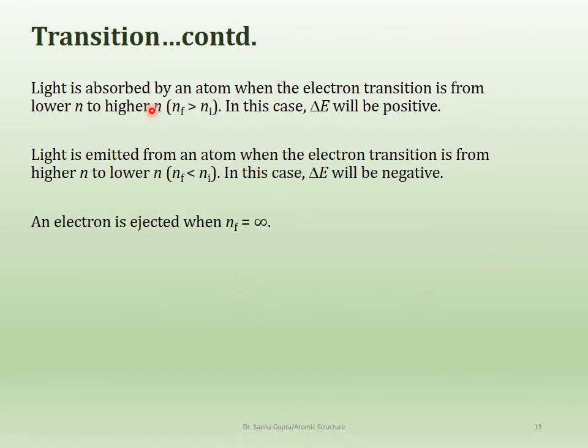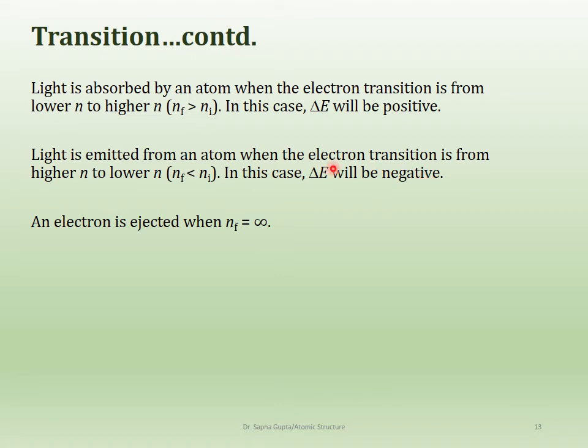And so when you go from a lower location to a higher one, then energy will be absorbed. If an electron is going from a higher location to a lower location, higher n to a lower n, then the energy will be given off.